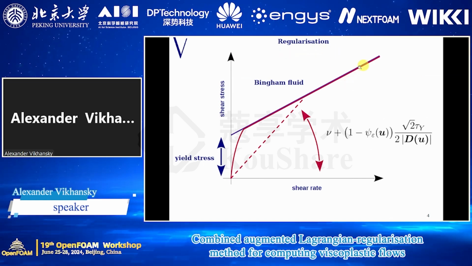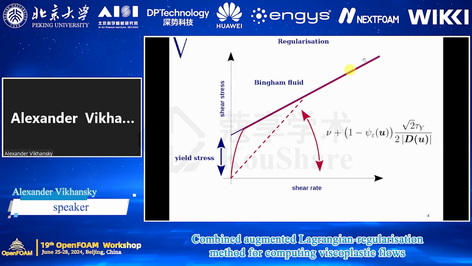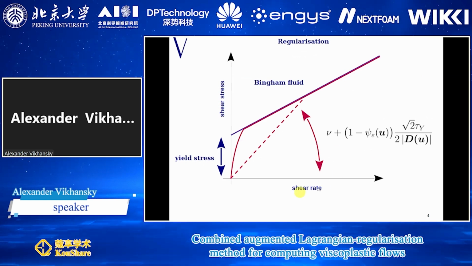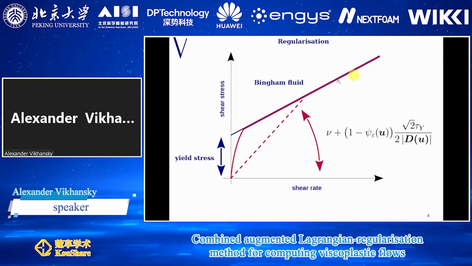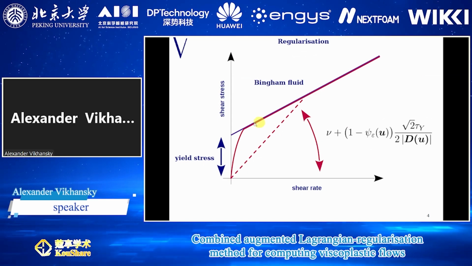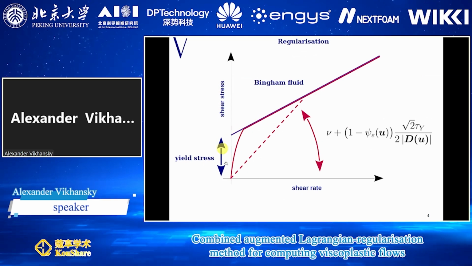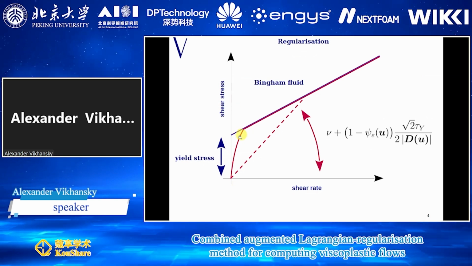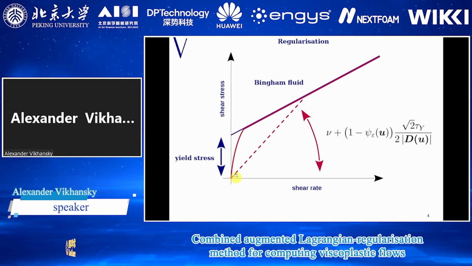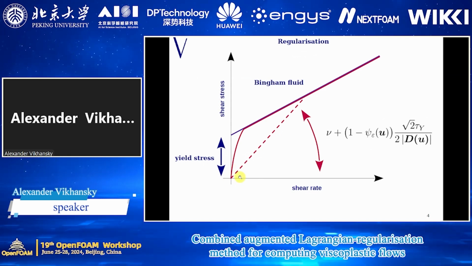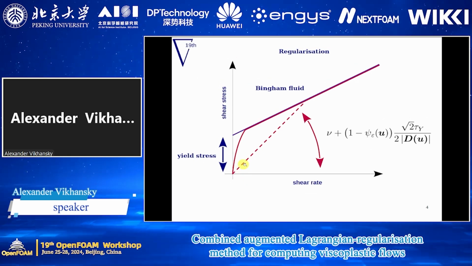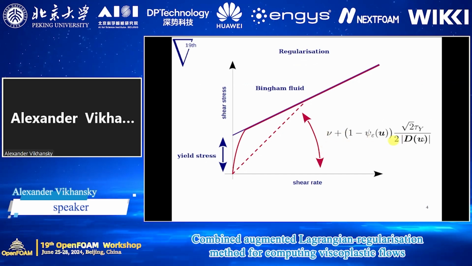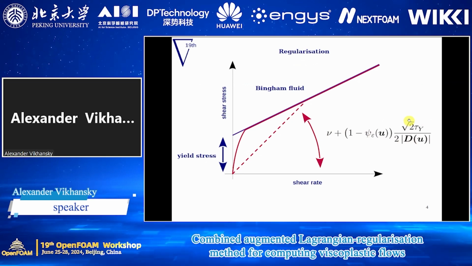It means that the Bingham fluid behavior is replaced by another behavior such that at higher shear rate, it still behaves exactly as Bingham fluid. However, in this region, the shear stress approaches zero. It means that the tangent of this angle is high, but not infinity. So there is a finite value of so-called effective viscosity.